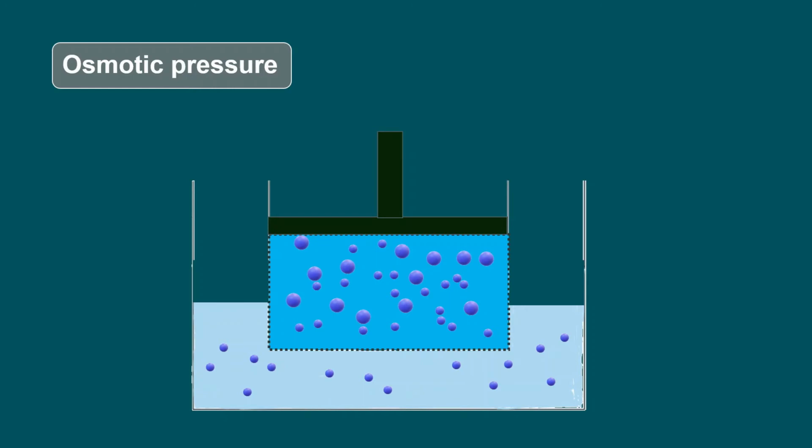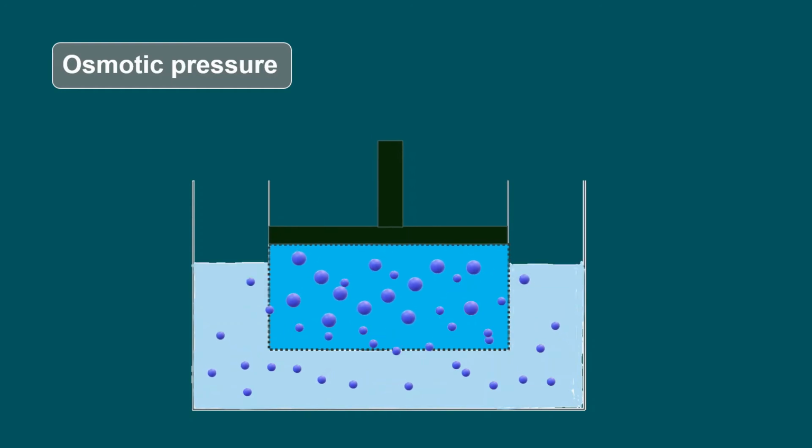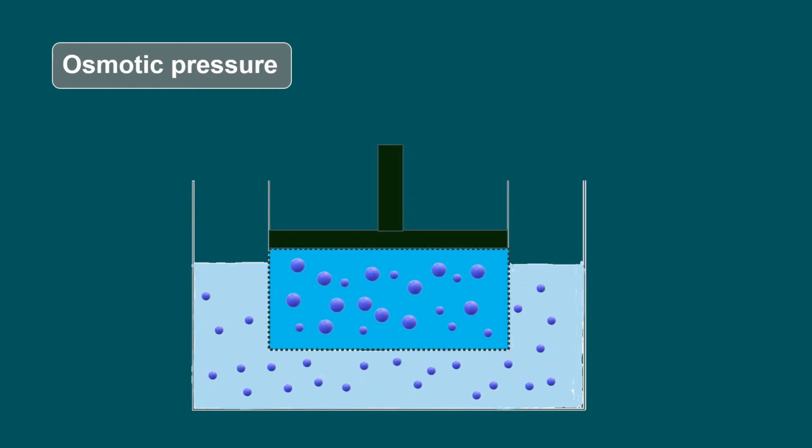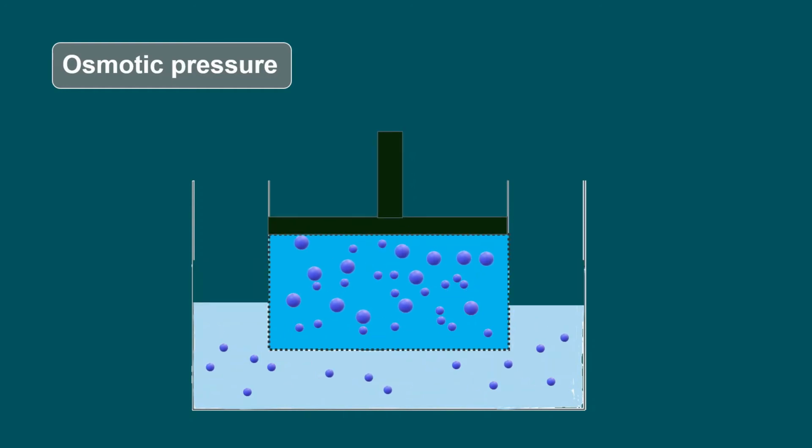Thus, the osmotic pressure of a solution is defined as the excess pressure that must be applied to the solution to prevent osmosis, or in other words, to stop the passage of the solvent molecules into the solution through the semi-permeable membrane.